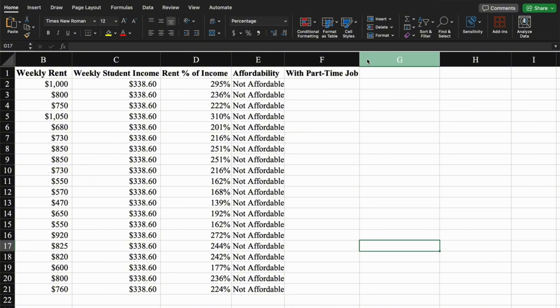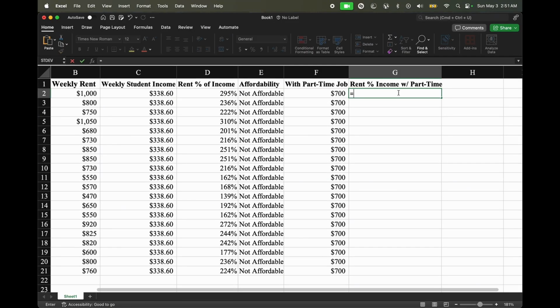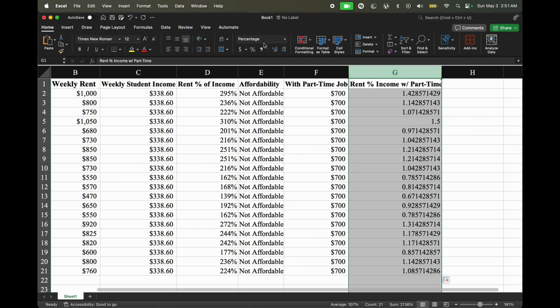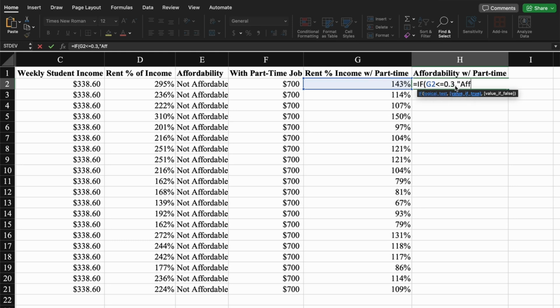Now, most students don't survive on allowance, whether from government or their parents, alone. So let's make this more realistic. I introduced a second income scenario of $700 per week, which represents a student working part time on top of their allowance. I repeated exactly the same calculation using this higher income figure, rent divided by $700, and applied the same 30% IF function to classify each suburb again.